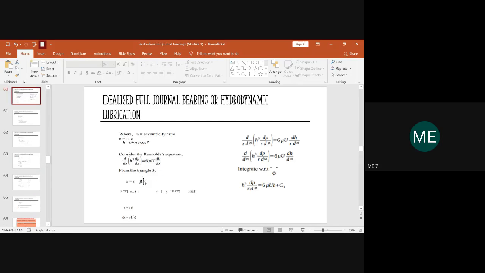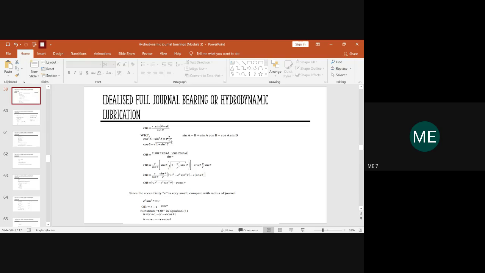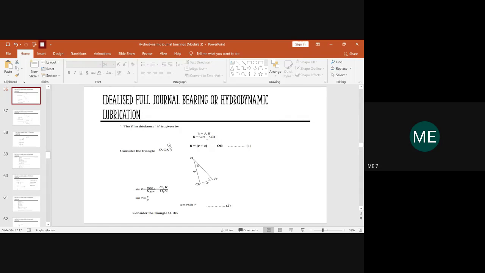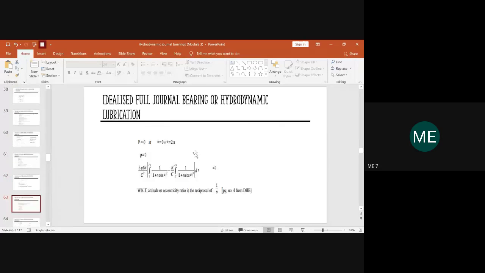This is one more equation for h minimum. And in general, initially we had one more, where h is equal to R plus C minus OB. So these are the different parameters and equations we have to determine the value of h.